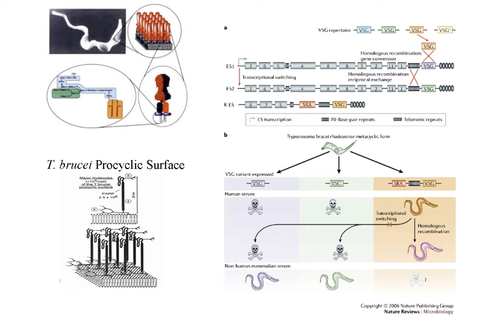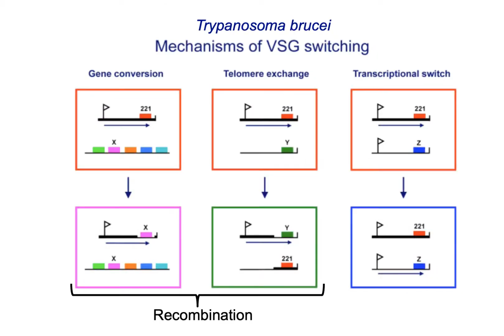So that's because the parasite is able to change the proteins on its cell surface, so the immune system can't catch up with those changes for a while. It actually has three different modes of switching.